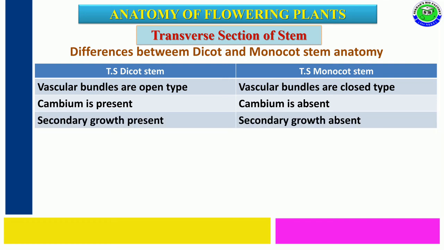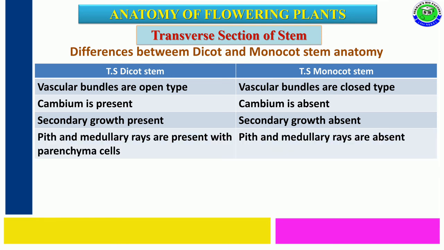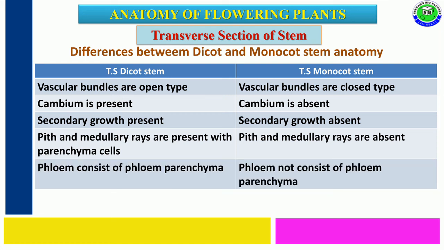Due to the presence of cambium in the dicot stem, secondary growth is present, but due to the absence of cambium in the monocot stem, secondary growth is absent. In the dicot stem, pith and medullary rays are present with parenchymatous cells, but such pith and medullary rays are completely absent in the monocot stem transverse section.